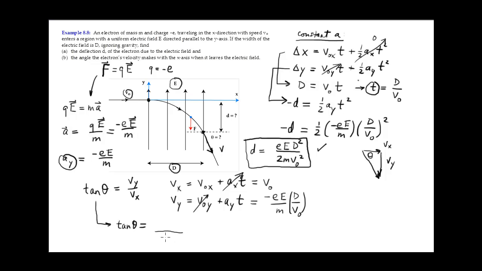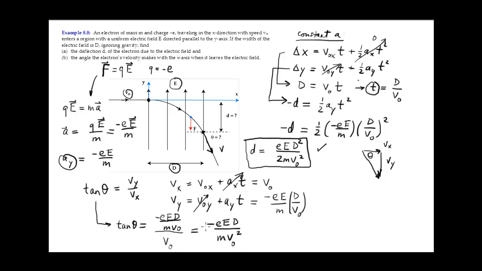The denominator is just going to be V0 because that's Vx. The numerator is minus little e big E D over m V0, so this gives me minus little e big E D over m V0 squared.